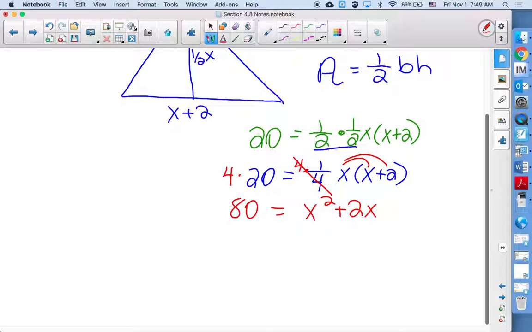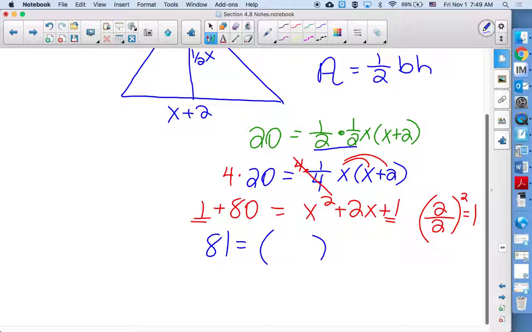And then to use completing the square, my b value is 2. I'm dividing that by 2 and squaring it. What is 2 divided by 2 squared? 1. So don't forget to add the 1 to both sides. Got to keep the equation equivalent. So I have 81. And on this side, the square root of 1 is 1, so I would have x plus 1 squared.